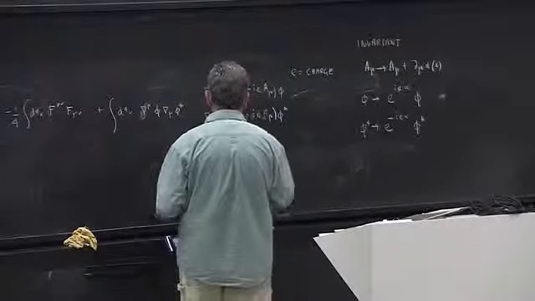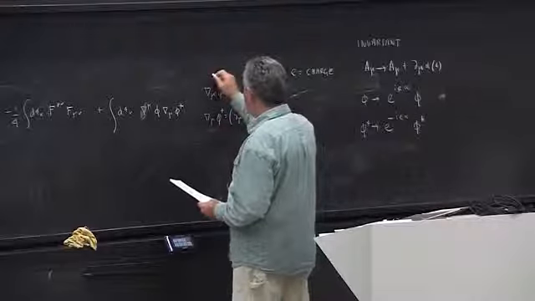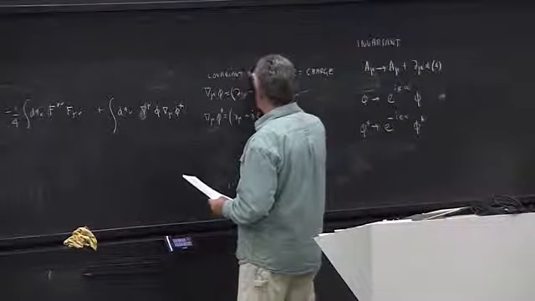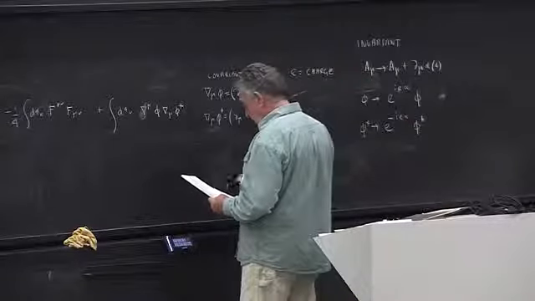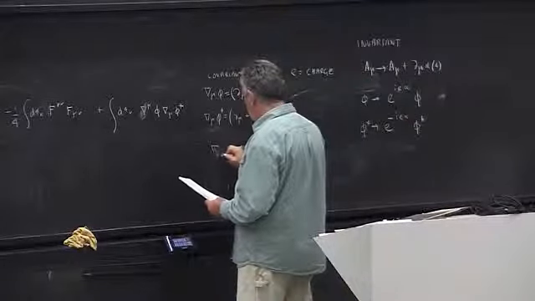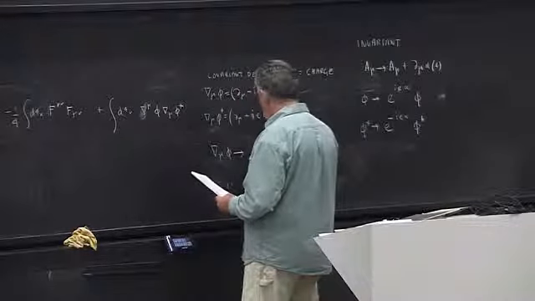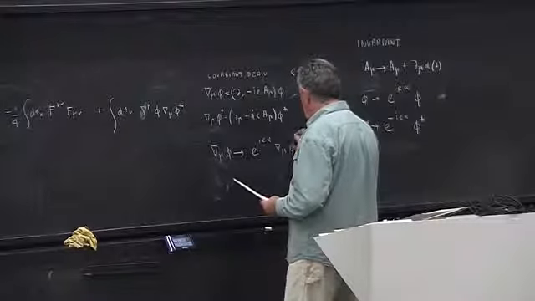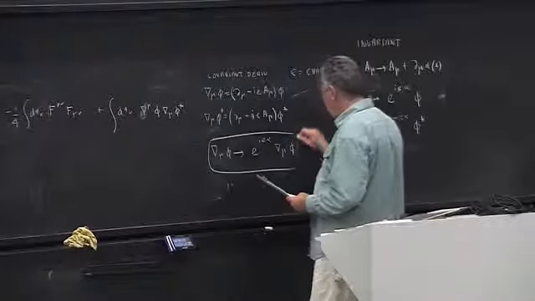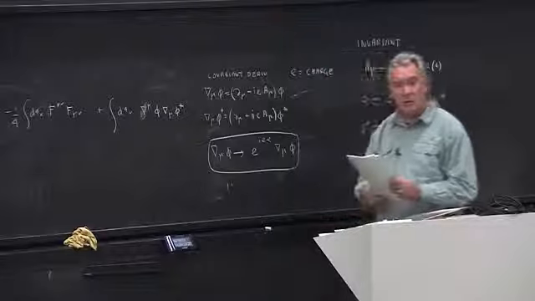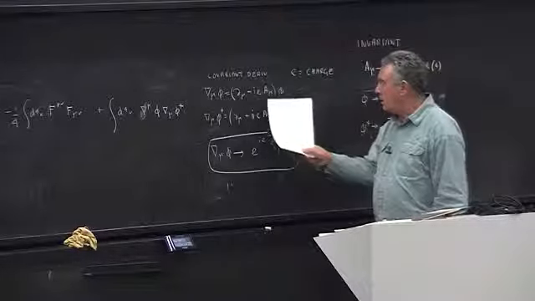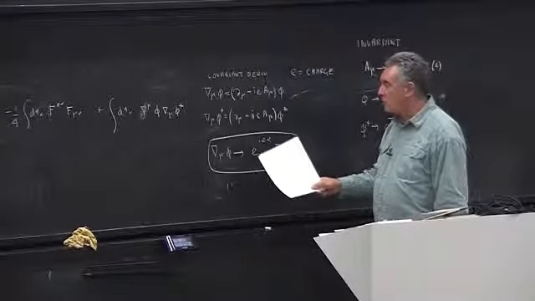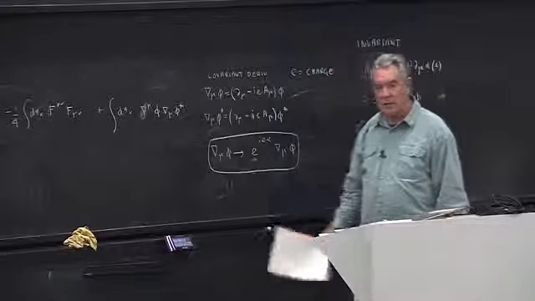Now, the reason for this covariant derivative is that it transforms in a nice way. The ordinary derivative does not transform in a nice way, neither does the second term, but this combination ensures that this Lagrangian has the right symmetry.